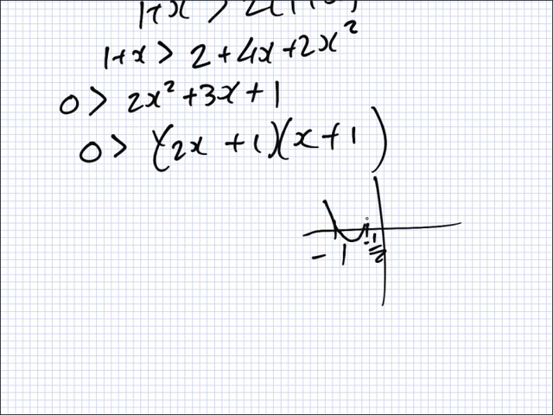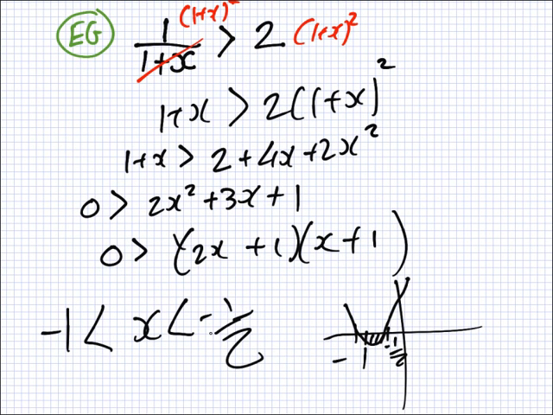And do we want above or below? Below. So x is to be between minus 1 and minus a half. So if you use any x value between minus 1 and minus a half, then 1 over 1 plus x will be more than 2.